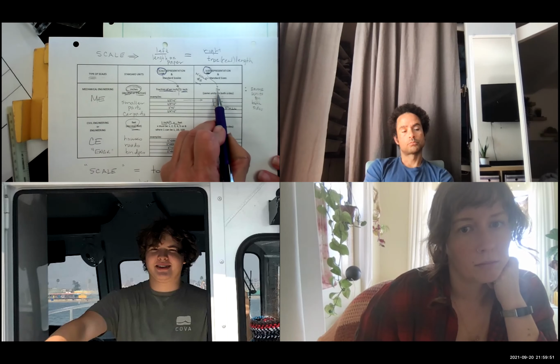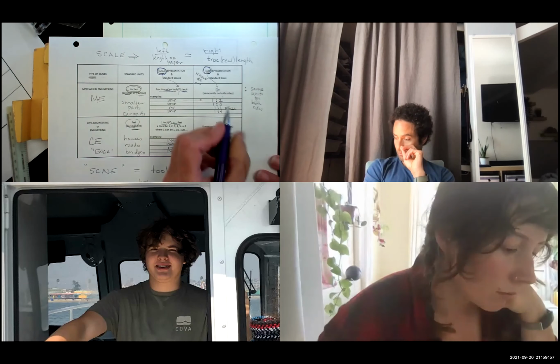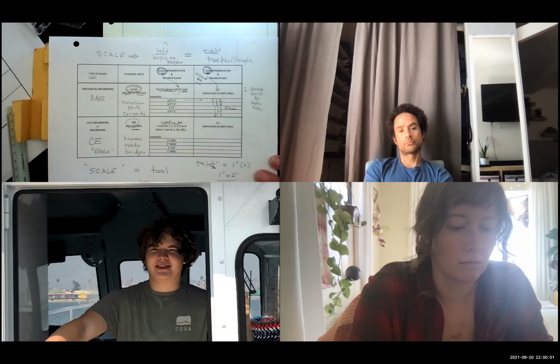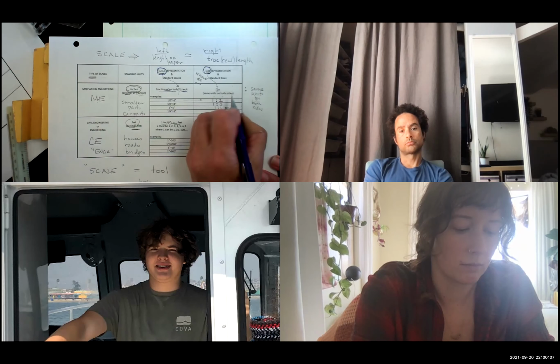Usually in mechanical engineering, it's 1 on the left side, colon, and then an X. But there are times that something will be like this, 2 to 1. Instead of 1 to 2, it's 2 to 1. Oh, and we learned that this is half size.